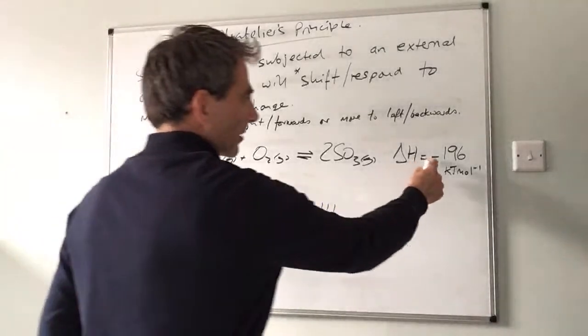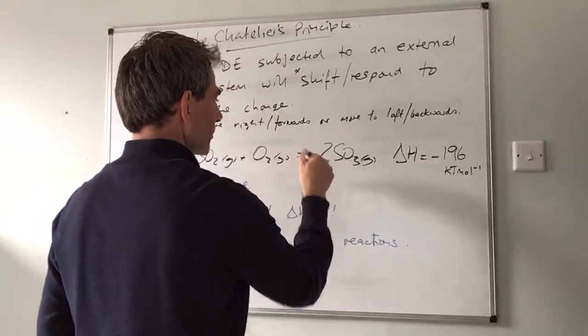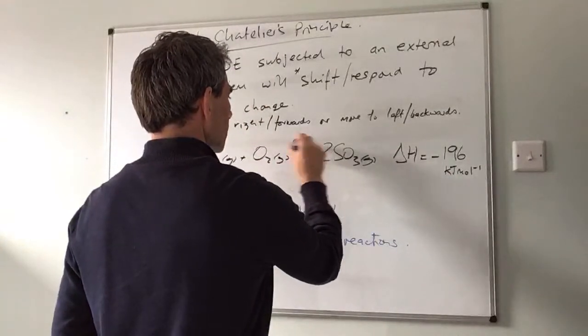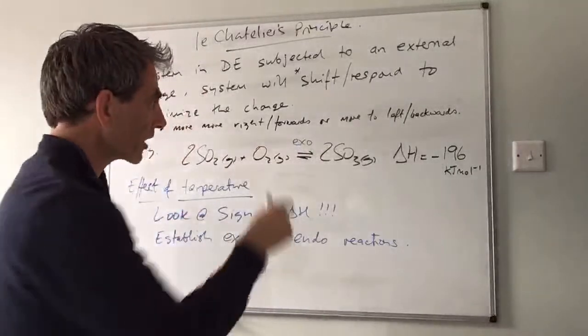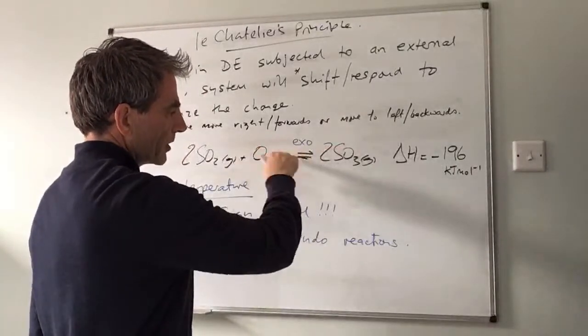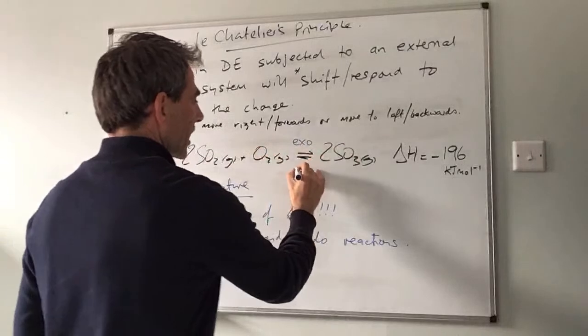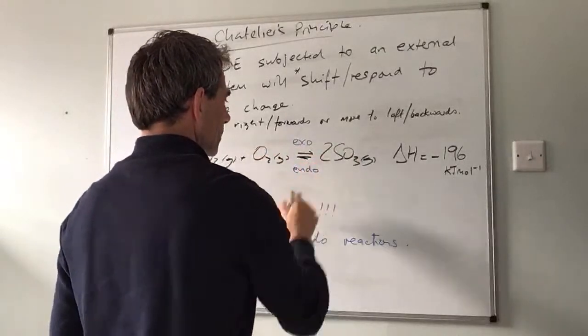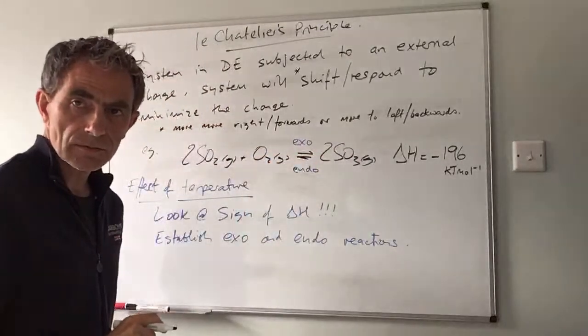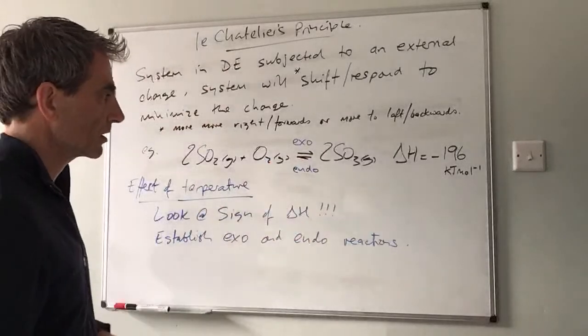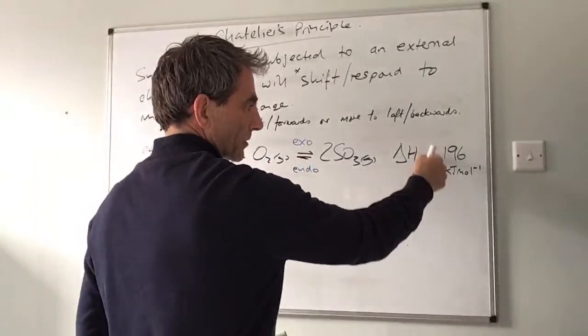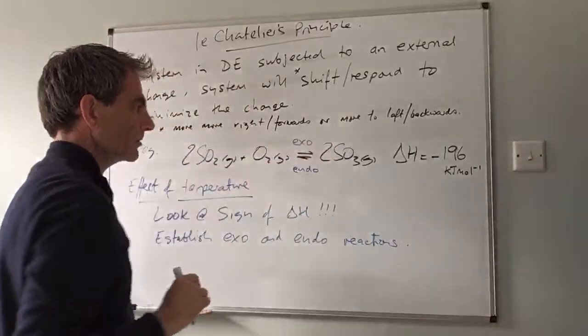So we've just established from that minus sign that this forward reaction is exothermic. So I always tell my students, write exo above the forwards arrow and write endo underneath that reverse arrow, okay? If that's the way it is. Obviously, if that was positive, they would be the other way around, wouldn't they?